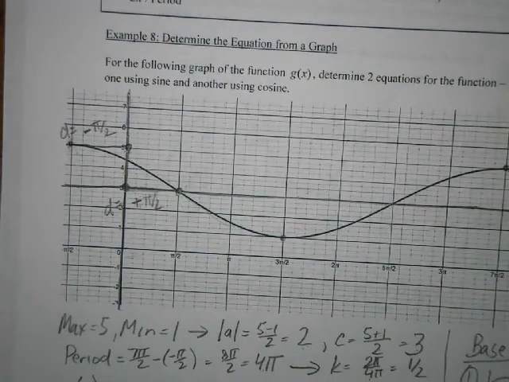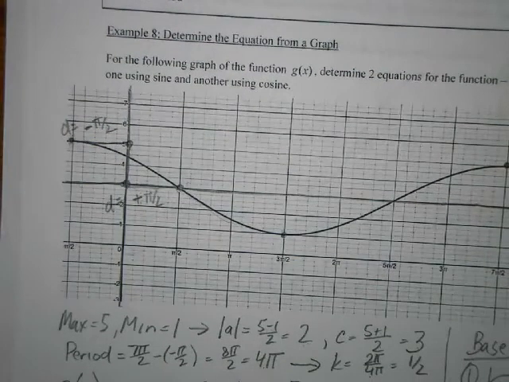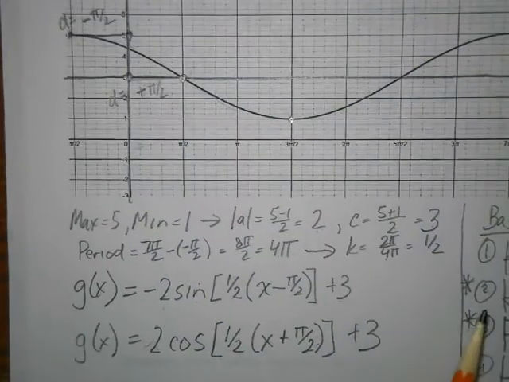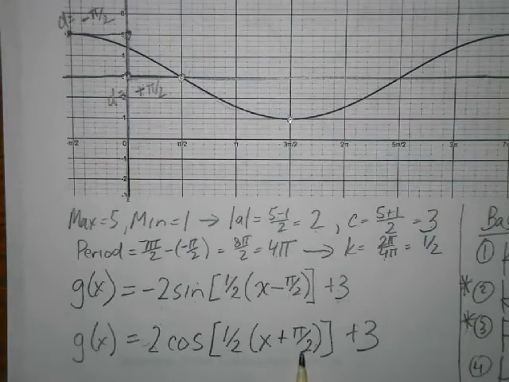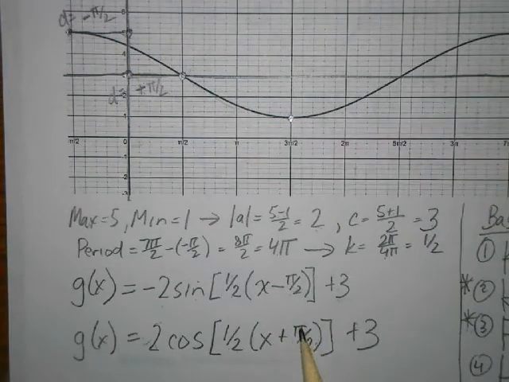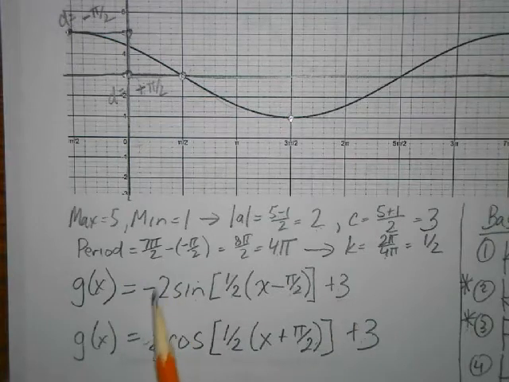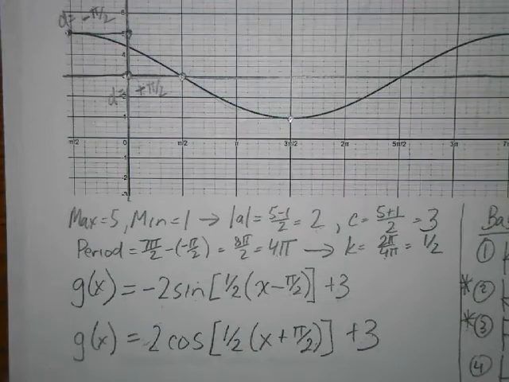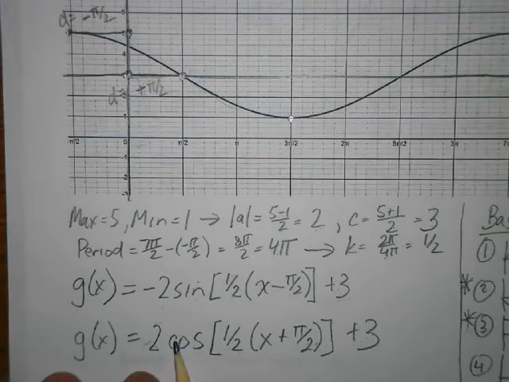We're using positive cosine, not negative cosine. So there's your phase shift. D is negative pi by 2. Your k value stays the same. C stays the same. The amplitude's the same, but this time we're using positive. So there's your equation.